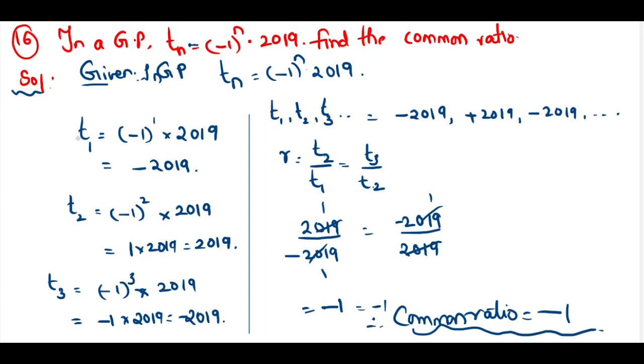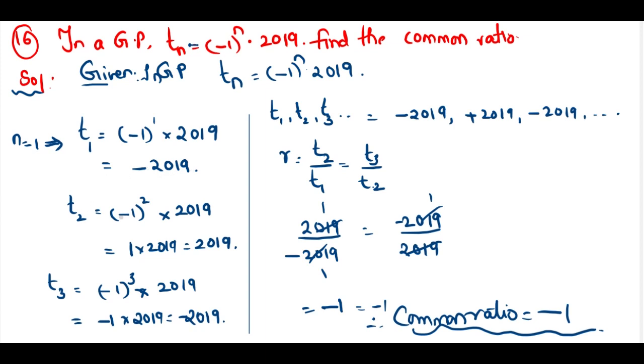When n equals 1, it will give us the first term. T1 equals minus 1 whole to the power of 1 into 2019. So, minus 1 whole to the power of 1 is again minus 1. So, minus 1 into 2019 will give us minus 2019.